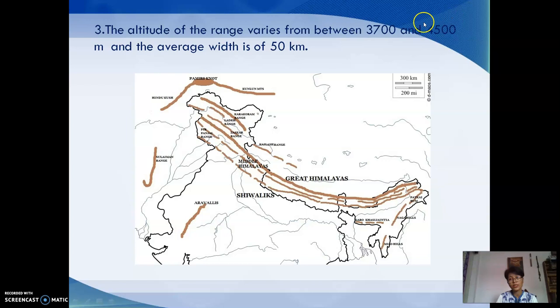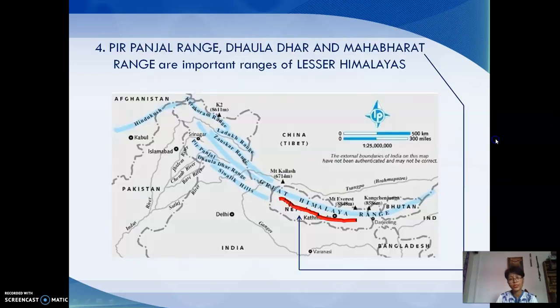In this range only it lies, and the average width is 50 kilometers from west to east. It may be more or less, but near this figure only.